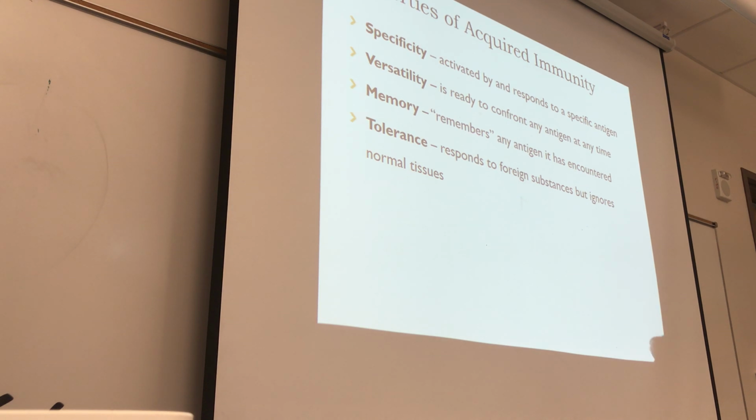It's very versatile. You can create antibodies for almost every type of antigen out there. And the key thing here is memory. You build a giant army of lymphocytes. You have different types of lymphocytes. Many of them are doing combat, if you will, but there is a select group that are memory cells.